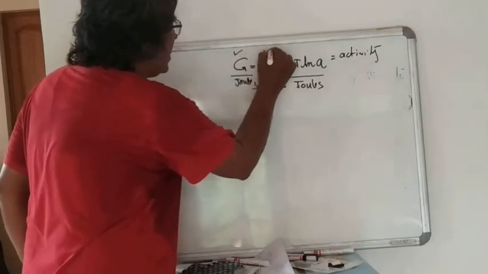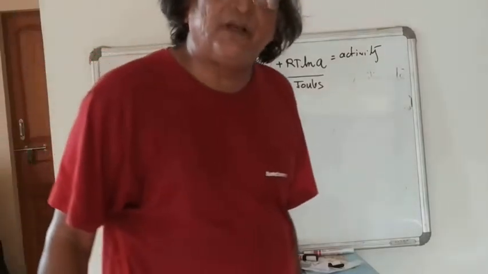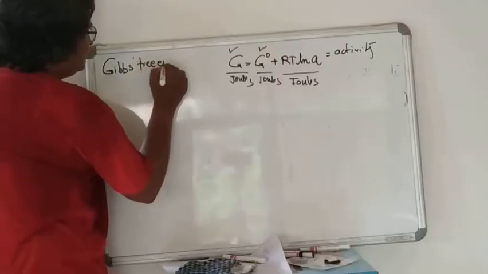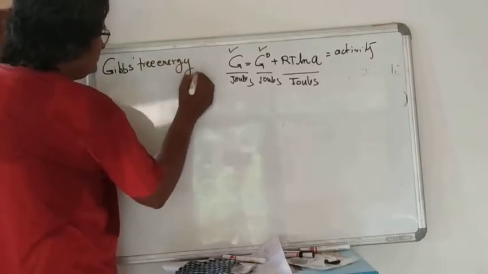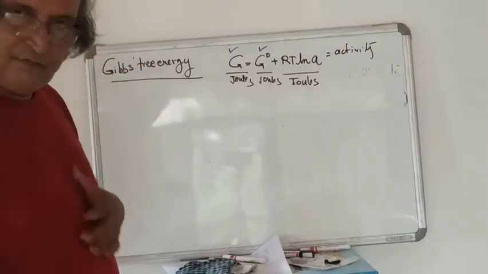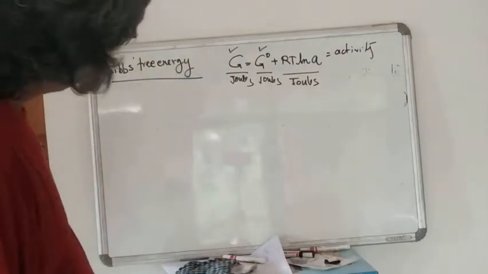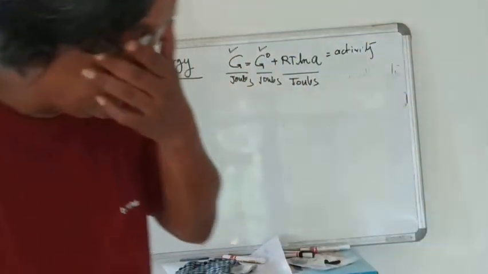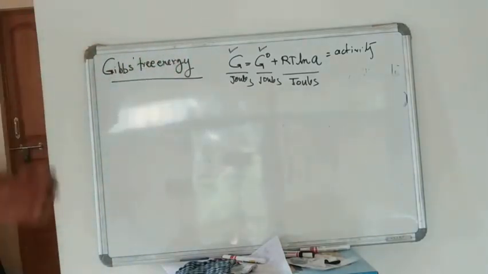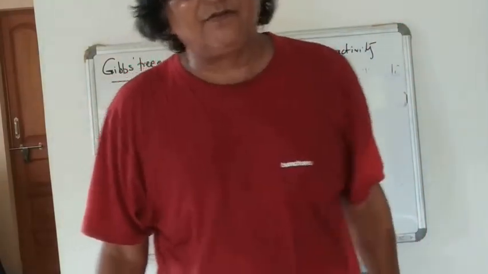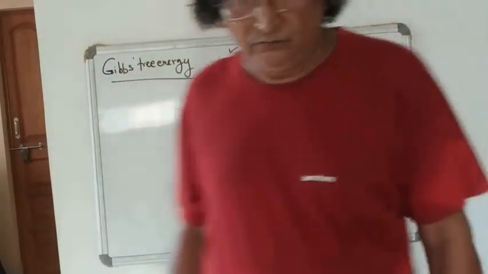These two terms are called Gibbs free energy terms. Their unit is joules. But what is the difference between these two free energies? Now for this, let us do one. The activity of a pure phase is 1.